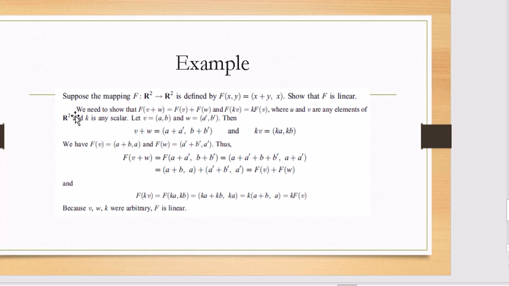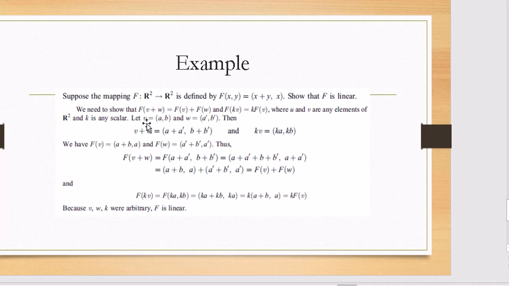To show that F is linear, we prove that the two conditions of linear maps are satisfied. The first condition is that F of v plus w equals F of v plus F of w, and the second condition we have to check is that F of kv is equal to k times F of v. Here v and w are elements of R2 and k is any scalar.